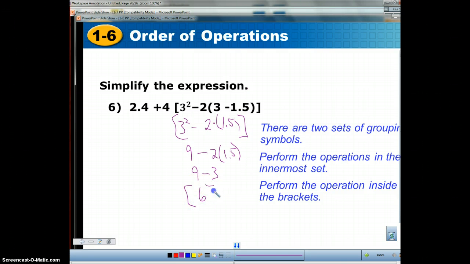All of that is what I got from simplifying the brackets. This 4 is still outside there, and a 2.4 plus that. I have to do this multiplication first, so I end up with 2.4 plus 4 times 6 is 24. My final answer is 26.4.